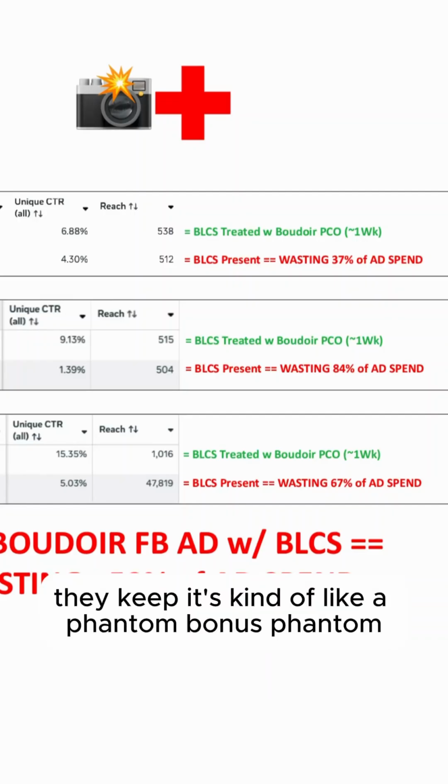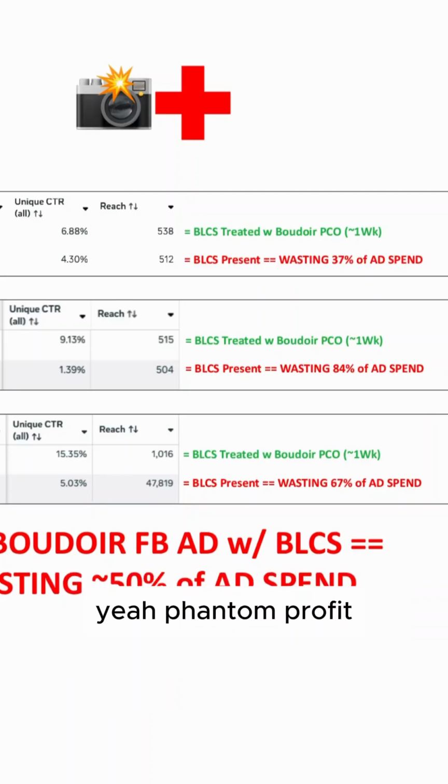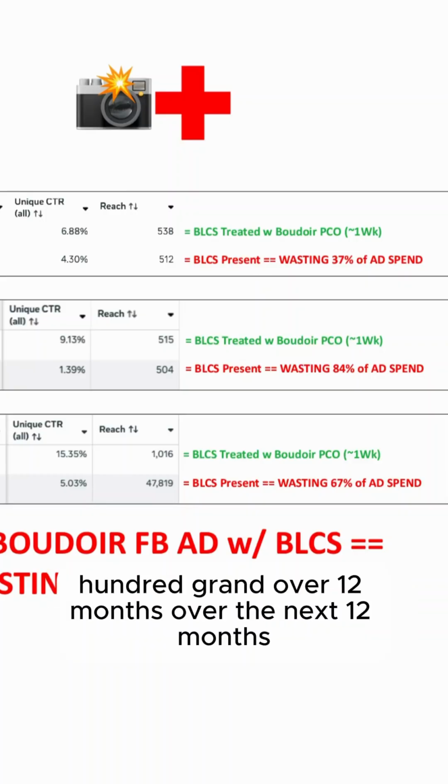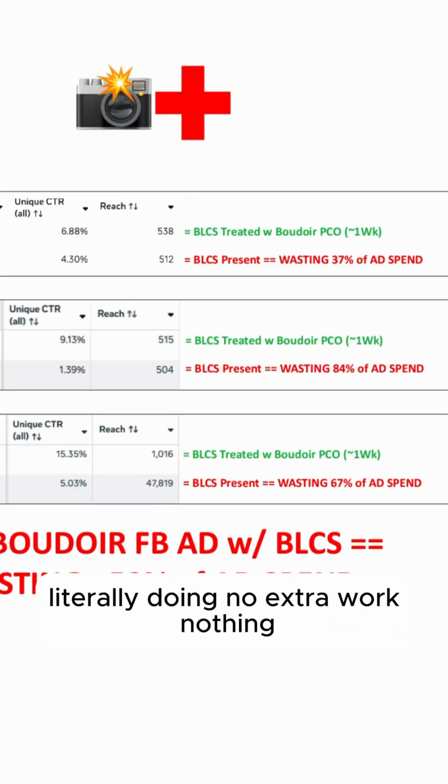It's kind of like a phantom bonus, phantom profit. They're able to keep that $8,400 a month, which is like 100 grand over the next 12 months, literally doing no extra work, nothing.